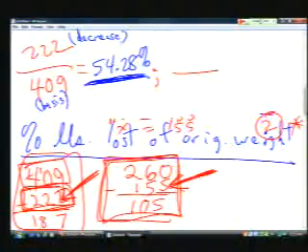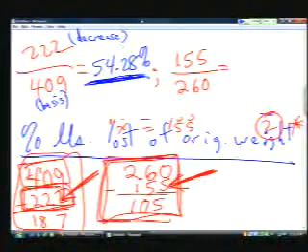So how do you figure out the percentage of weight loss for the lady? You take the 105 and divide it by 260. I mean, 155, sorry. See, it's the decrease divided by the basis. It's the decrease divided by the basis.